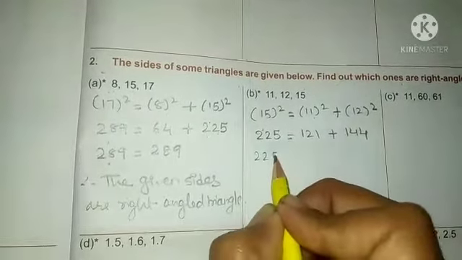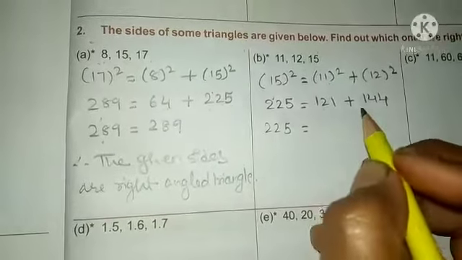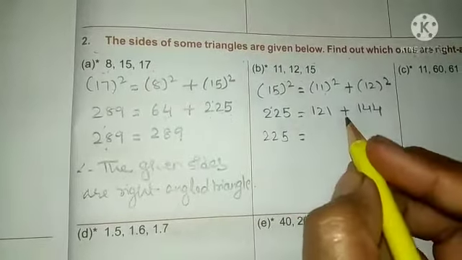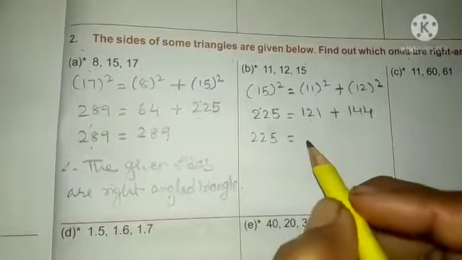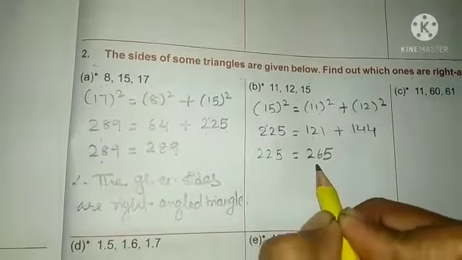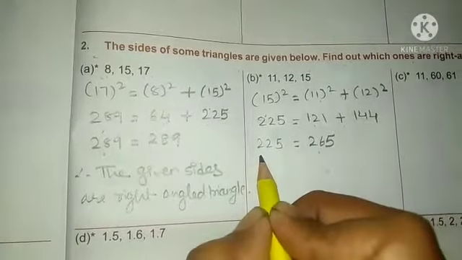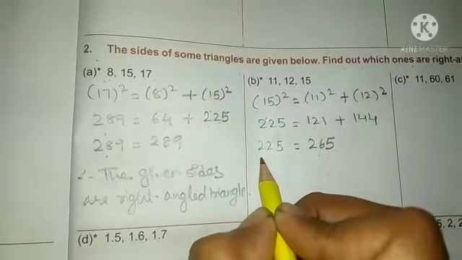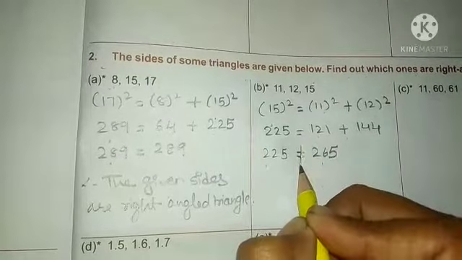So 225 will come as it is. Now add 121 with 144. So what will you get if you add? You will get 265. Now here the sum of the two sides is 265 and the square of the biggest side is 225, which means it is not equal.